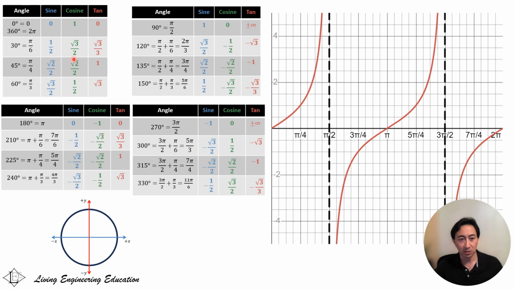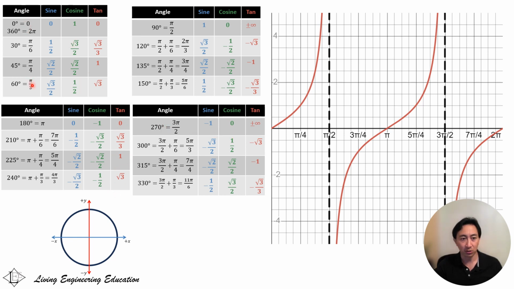Other than that, this is a repeat of this segment here. Tangent is just a ratio of sine and cosine, right? Ratio of y and x. So whether it's in quadrant 1 where it's positive x and positive y, it's a positive value. Over here, it's negative x and negative y, but since it's a ratio, it's also going to give me the same positive value.